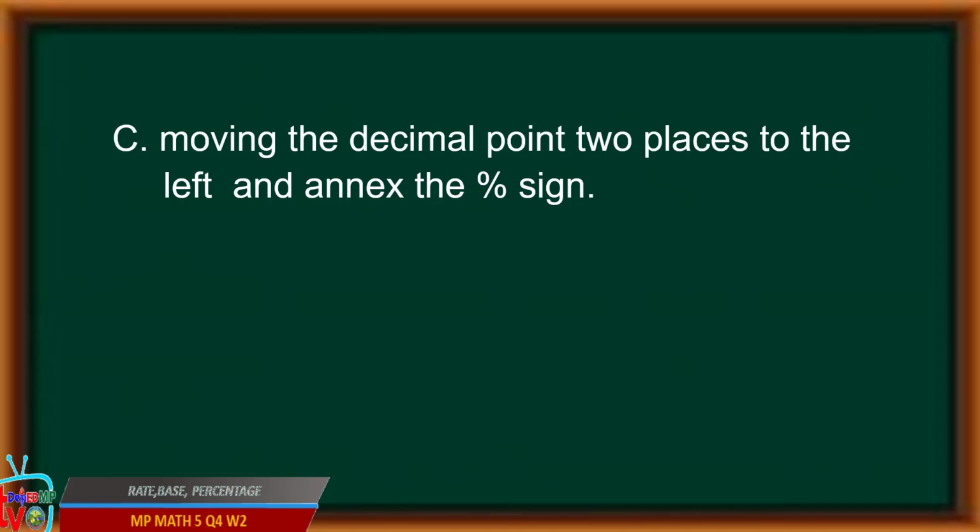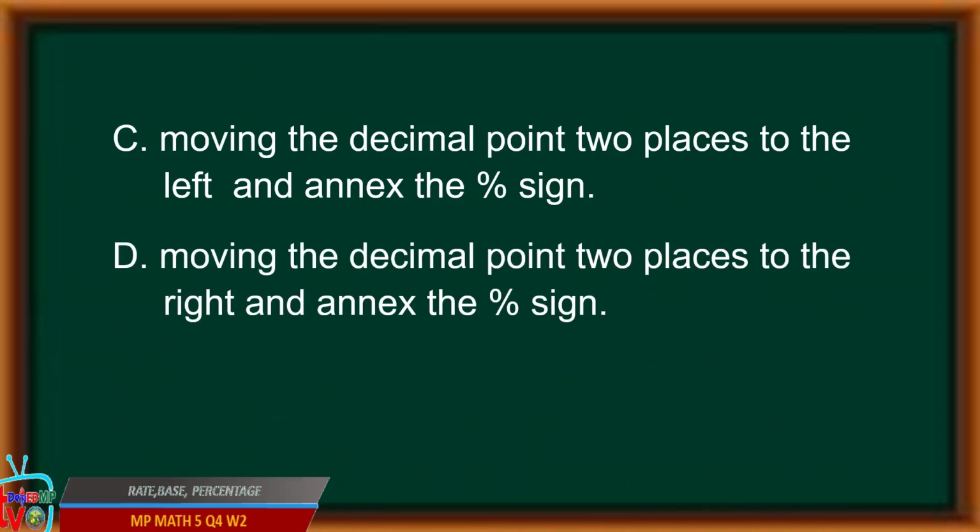C. Moving the decimal point 2 places to the left and annex the percent sign. And D. Moving the decimal point 2 places to the right and annex the percent sign. The correct answer is letter D. Moving the decimal point 2 places to the right and annex the percent sign.